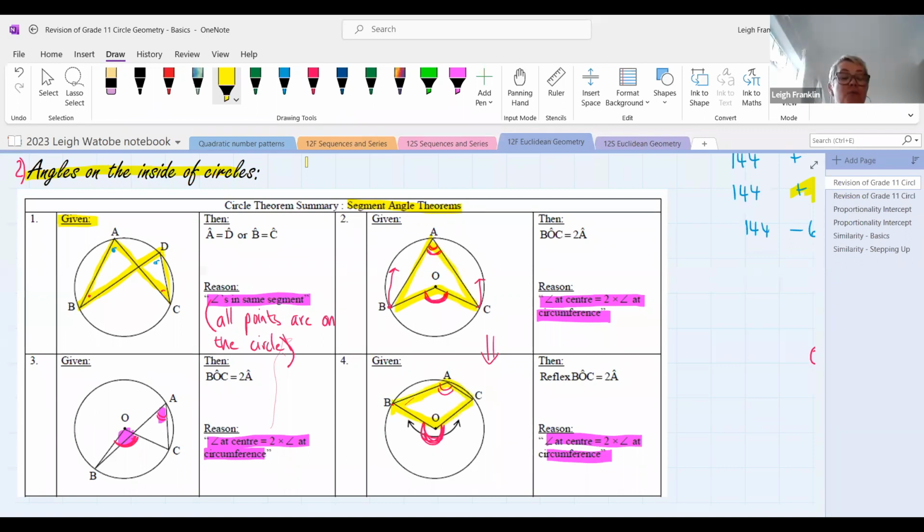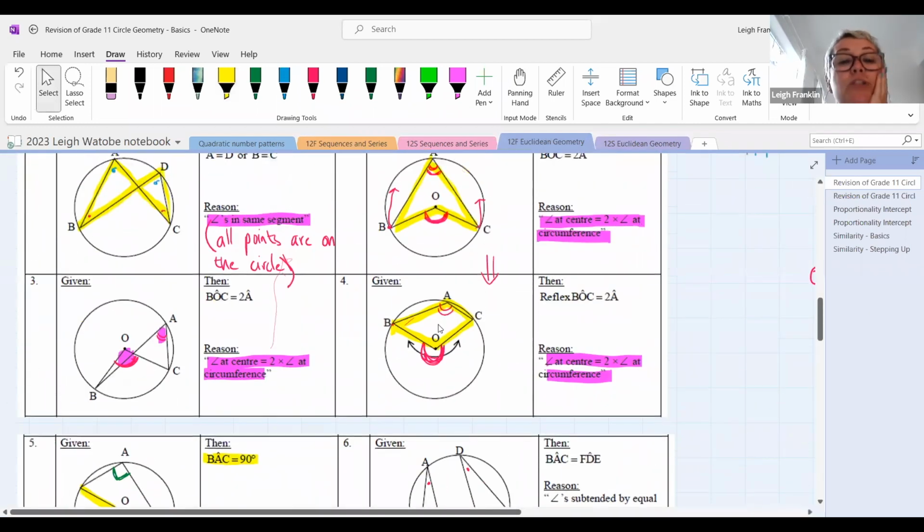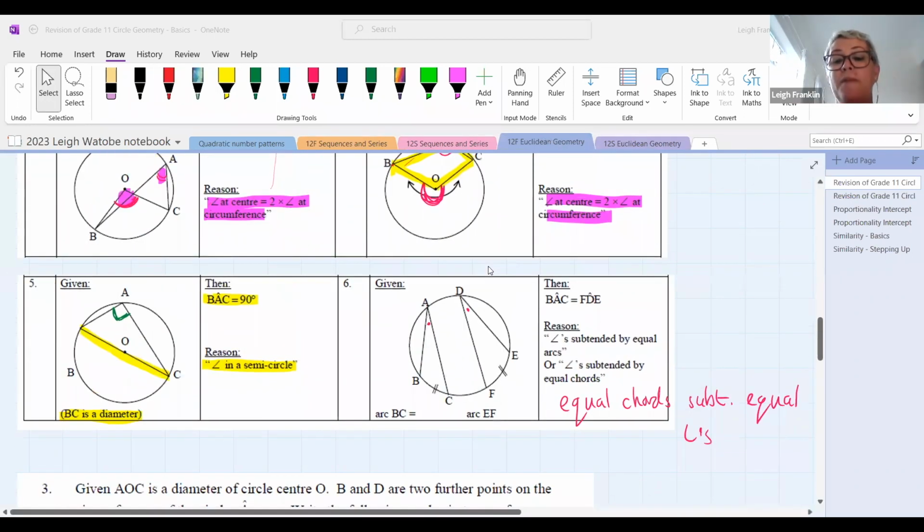So it's still a 4-sided shape on the inside of my circle, not a cyclic quad. So the angles on the inside of circles that we need to know are angles in the same segment, angle at center is twice angle at circumference, angle in a semicircle, and equal chords subtend equal angles.